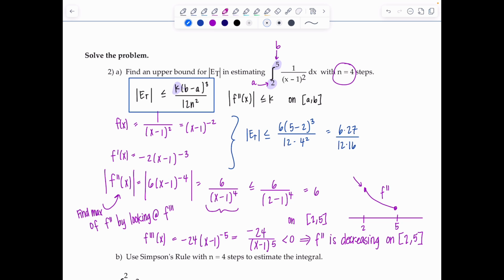And then I can cancel this 6 and the 12. This is 2. And that's all that I can cancel. So 27 over 32. Okay, good. That's the final answer. Since I've boxed a few things and I want this to stand out, I will also box it with highlighter. Ooh, that's right. Okay, moving on.